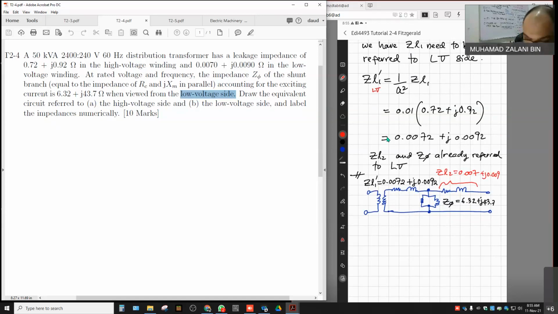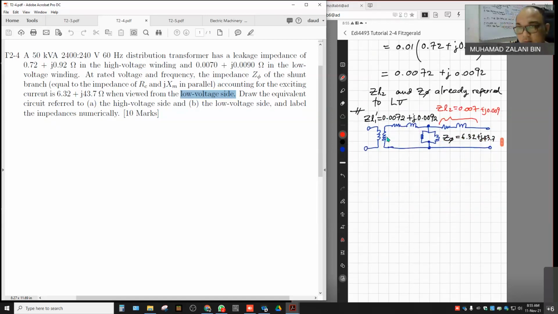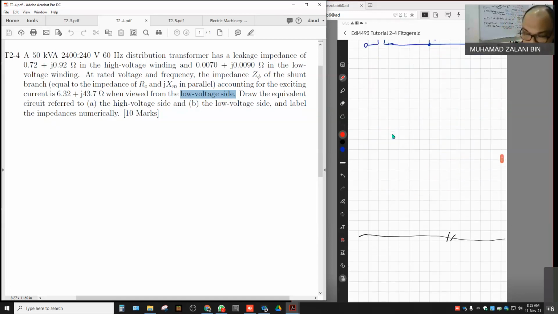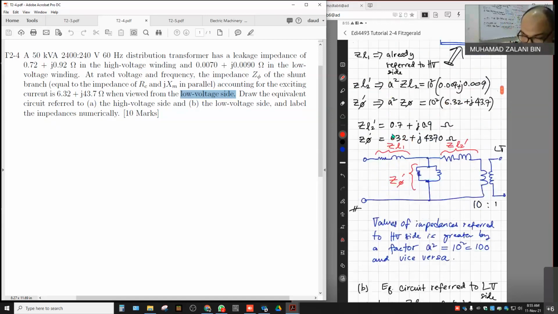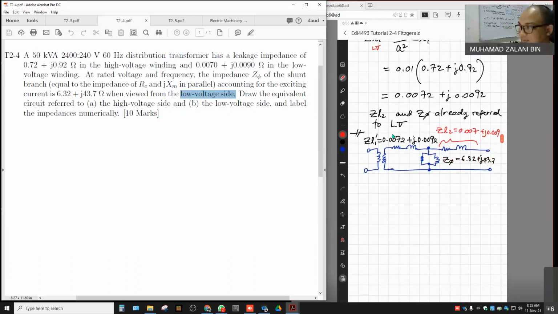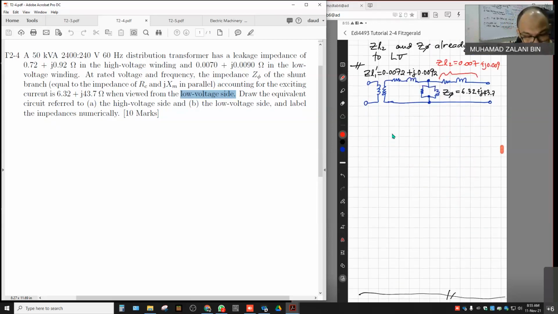All units are ohms. Okay, so that is the equivalent circuit referred to the low voltage side. So this second question is easy. Just use one formula, and we get all of the equivalent circuits asked in the question.